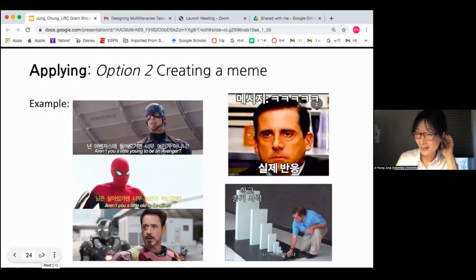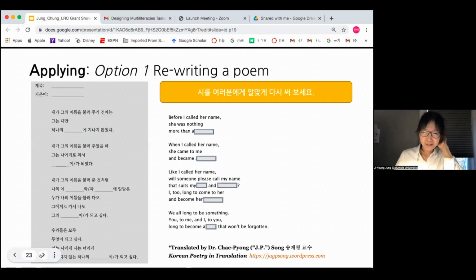To give you an example, their work sometimes was not really profound, but it was funny. One student really loved samgyeopsal. It's a pork belly barbecue dish in Korea. And then he said, before I called your name, you were nothing more than a pork.